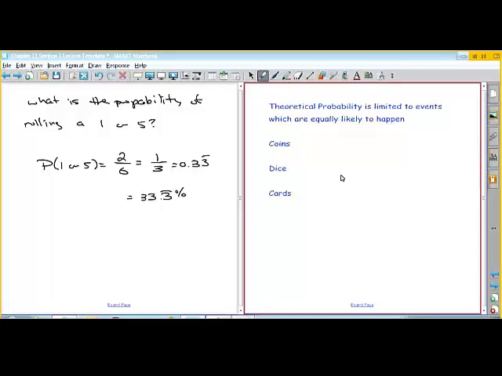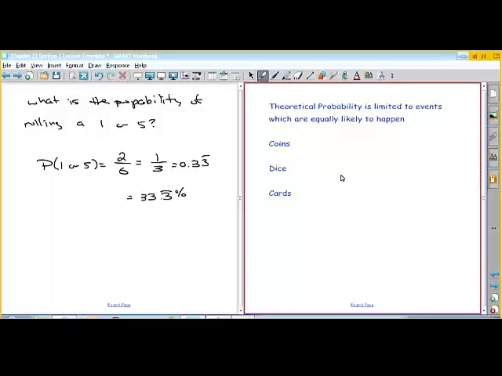The same way with dealing cards: as long as you shuffle them, picking a card is going to be equally likely to pick any one of the 52 cards. So you can do theoretical probability for situations like that.